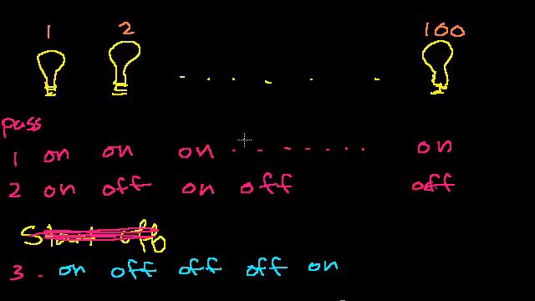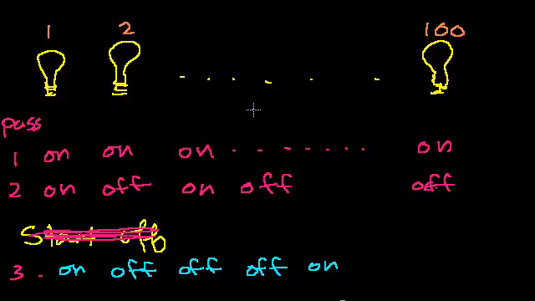So when do we know that a light bulb is being switched? If I'm on the second pass, I will switch every light bulb that's divisible by 2. I don't want to say turn on, because it might already be on. And then if I'm on the third pass, I'll switch every light bulb that's divisible by 3. So on every pass, what am I doing?